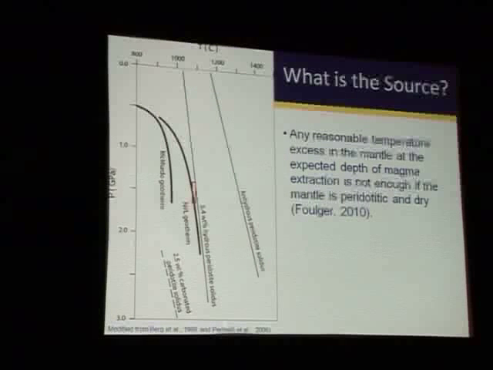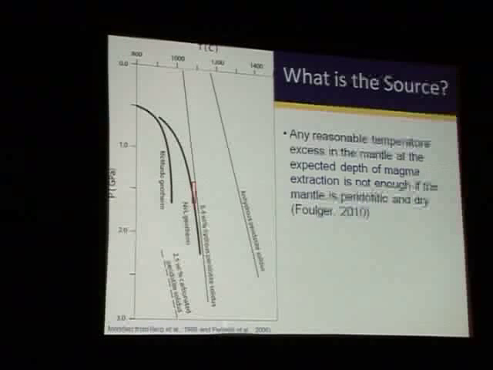And what's interesting as we look at this volcanism in West Antarctica is that if you look at the regional geotherms, this one for the McMurdo area and this one for northern Victoria Land, there's absolutely no way you're going to create large volumes of magmas such as we see in the West Antarctic Rift System if the source you're going to derive these magmas from is either a dry peridotite, this is the dry peridotite solidus, or even if you were to have a small amount of water such as 0.48%.